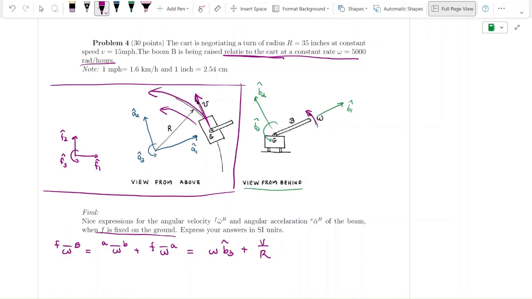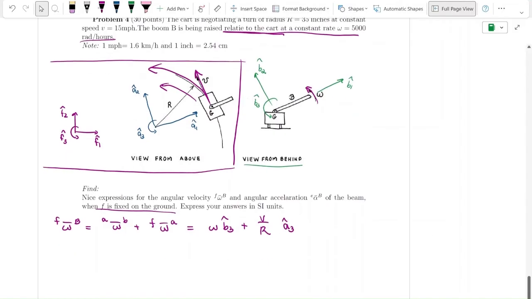So we can curl our fingers and we notice that our right thumb is again pointing out of the page, so that's in the direction of A3 hat. So that's going to be V over R A3 hat. That's our expression for the angular velocity of B with respect to the F frame.